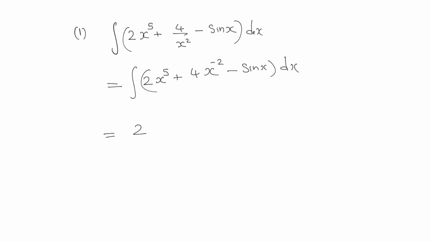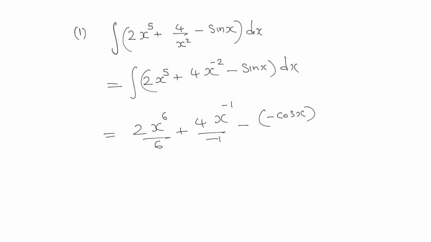So 2 is a constant, and x raised to 5 plus 1, that is 6, divided by 6, plus 4 into x raised to minus 2 plus 1, which is minus 1, divided by minus 1, minus integration of sin x dx, which is nothing but minus cos x.